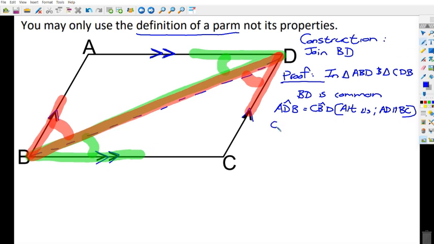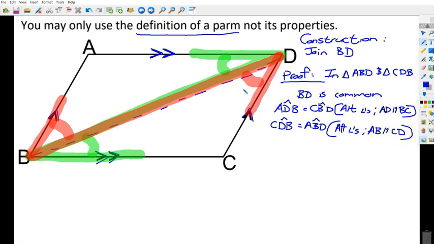So now we can say angle CDB is equal to angle ABD, and again, alternate angles are equal, and we can say that AB is parallel to CD.